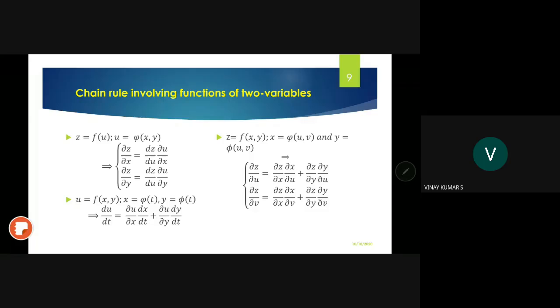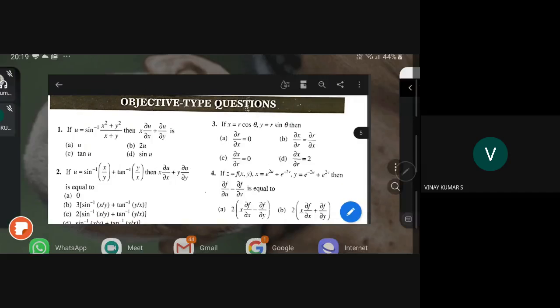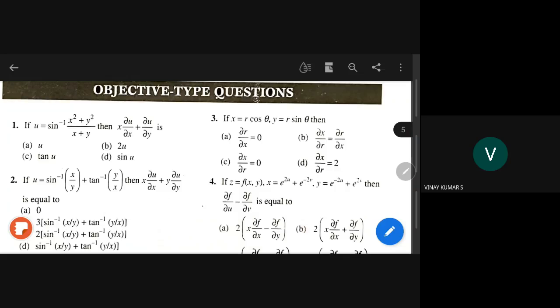Okay, now we look at the other example. The second example is also similar to that one, you can see.